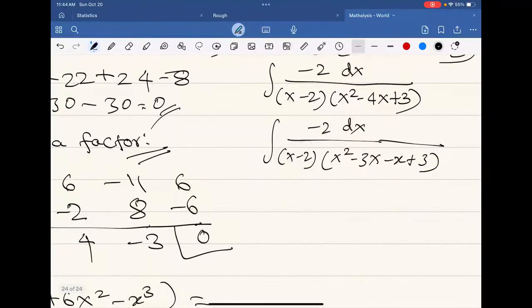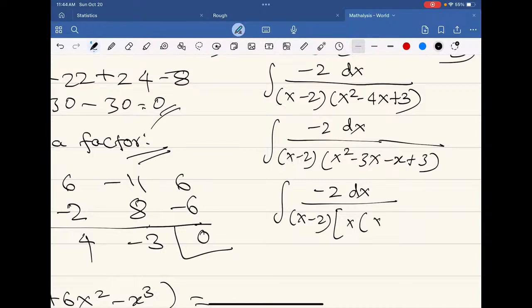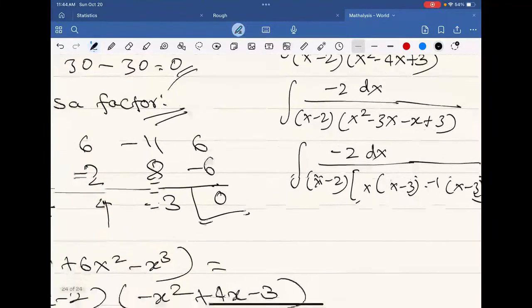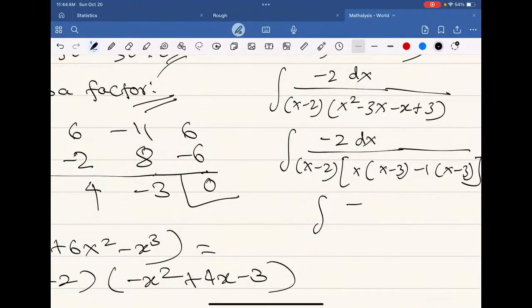product is positive 3. That is integral of negative 2 dx by x minus 2. Now here I can take x common, so x minus 3 minus 1 times x minus 3, right? And this is minus 2 dx divided by x minus 2 and then x minus 3 times x minus 1.